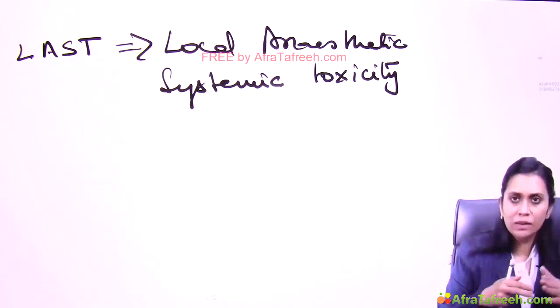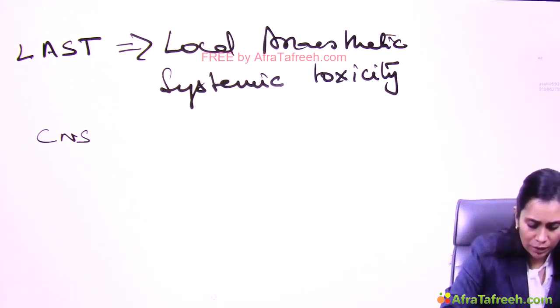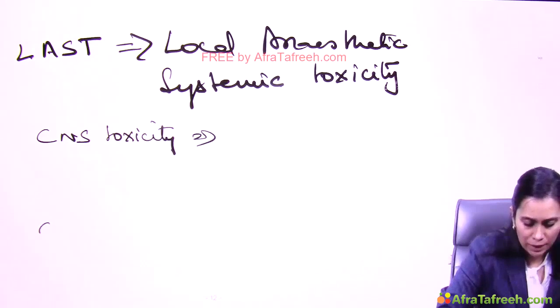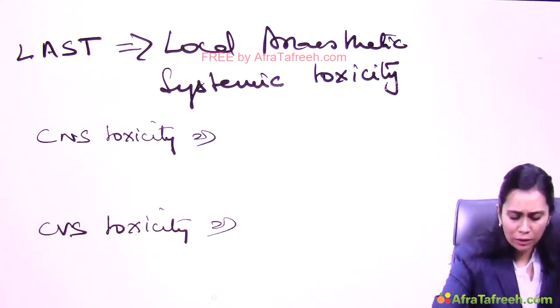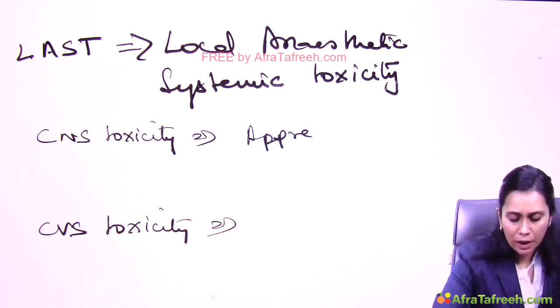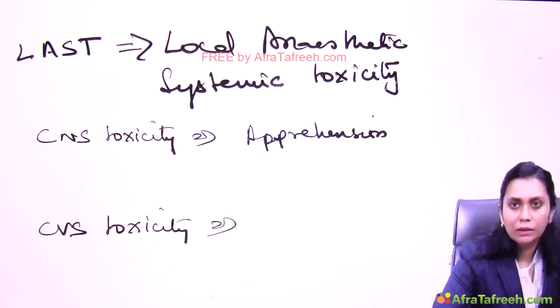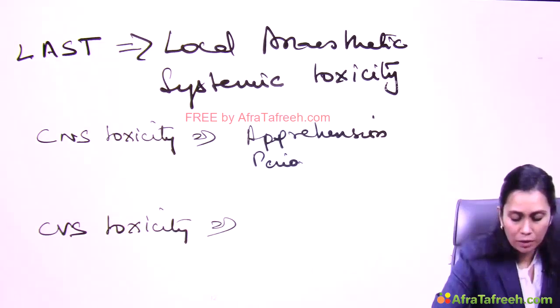Local anesthetic systemic toxicity needs to be discussed under two headings: CNS toxicity and CVS toxicity. What are the clinical features of CNS toxicity? Just now I wrote apprehension, right? Apprehension. Then perioral numbness, right?